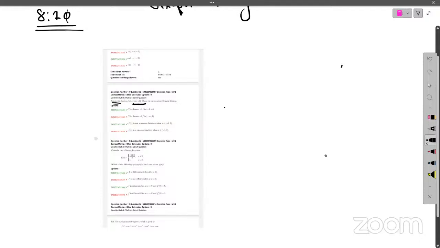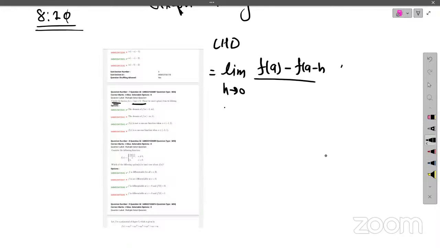f will be differentiable. You just have to apply the definition here only. So Priyanshi, you want to know about differentiability at 0, right? Yes, ma'am. So just apply the left-hand derivative and right-hand derivative. What will be the left-hand derivative? Left-hand derivative will be limit h going to 0, f of a minus f of a minus h by h. Right? This is the general expression. Here in place of a we have 0.